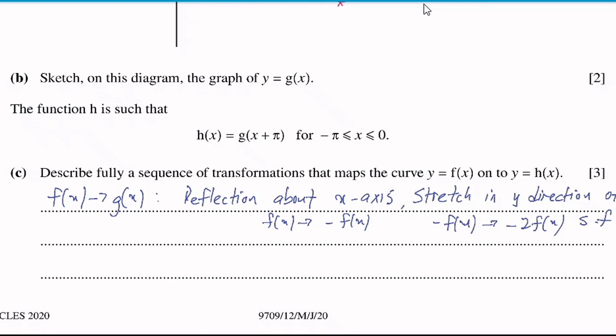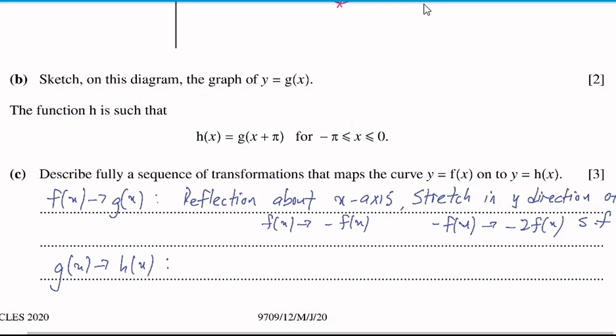Okay, and next thing is, we have got the gx now already. So the gx, we want to go to the hx. So what happened in the hx here? Hx here is gx plus pi. So now what happens is the x becomes x plus pi. So it is a translation in the x direction.